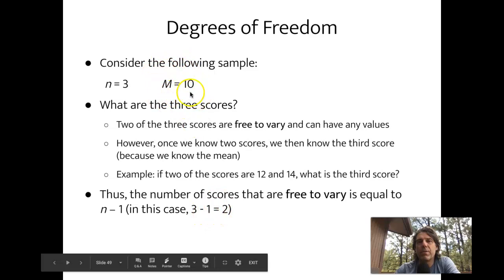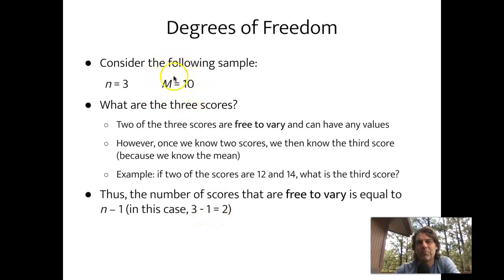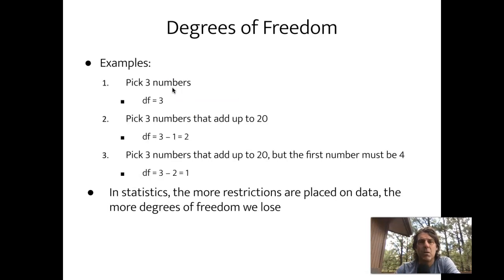Because we know that the 3 scores have a mean of 10. That mean of 10 put a restriction on our scores. It put 1 restriction. They have to have a mean of 10. But when I say pick 3 numbers, there's no restrictions. So it's just 3 minus 0, because there's 3 scores in the group. Pick 3 numbers. 3 minus 0 is 3 degrees of freedom.